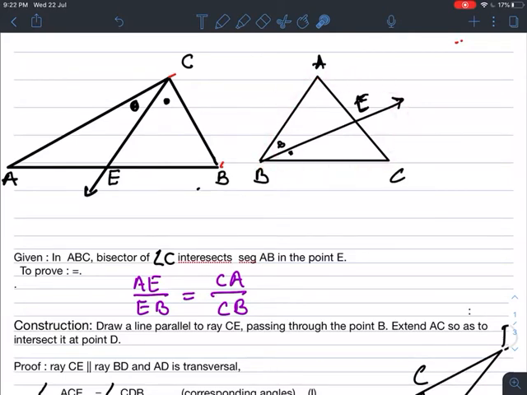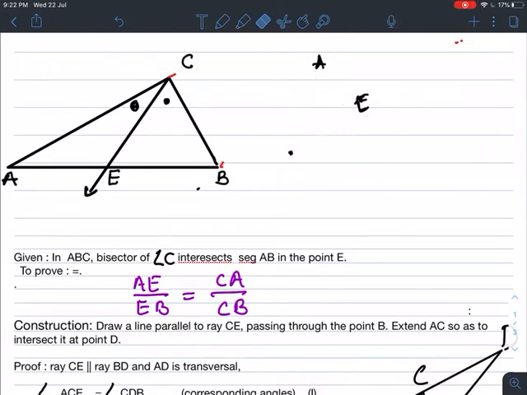This we have to prove in this diagram. Similarly, if we draw the bisector of angle C, we can prove it in the same way. So, I will rub this figure.